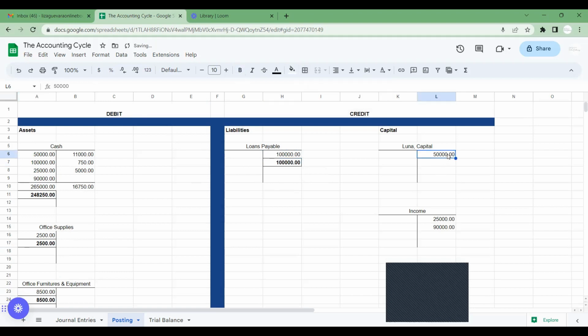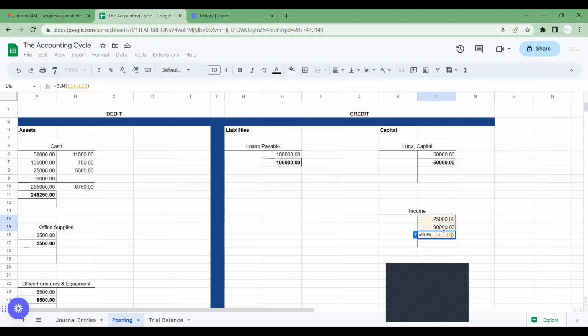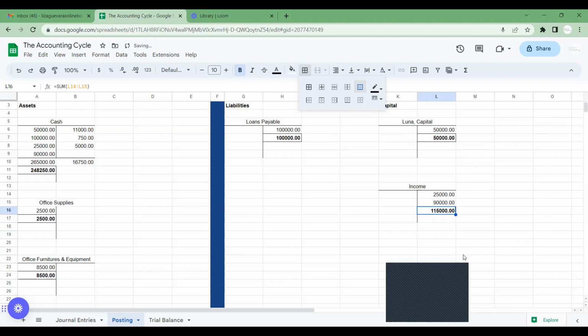Luna Capital, the same. And your income amounts to 115,000. That will be our income for the month of May.